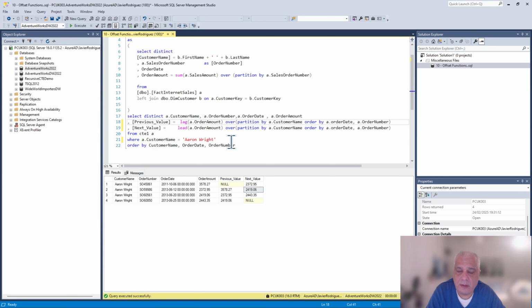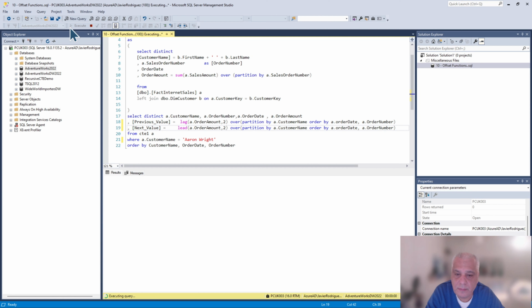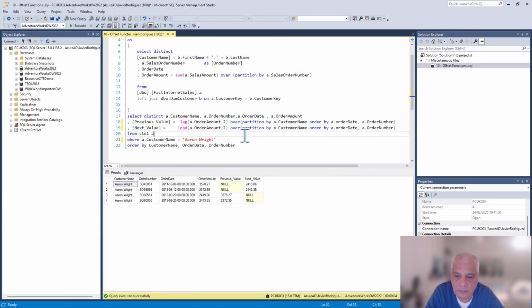These functions are called offset because we can change this default value. This default value is 1. We can add 2. So in this case, we add 2. For the first order, we don't have 2 previous values, therefore it's null.